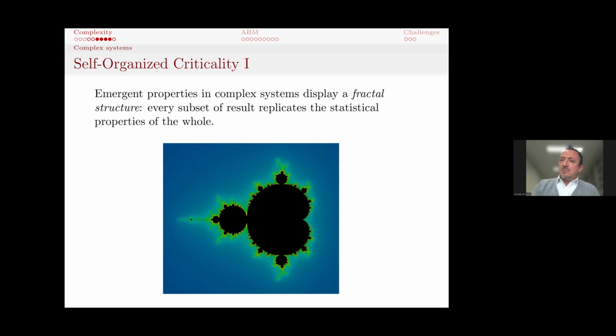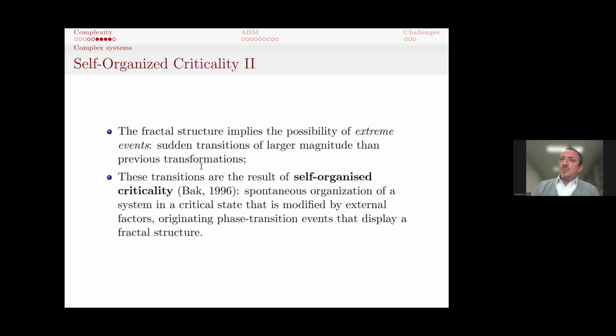And I'm going to be less formal in a moment. So the fractal structure implies that extreme events, so events that completely change the system to a large extent, are not unlikely. So there is the possibility of transformations of the system that are high order.